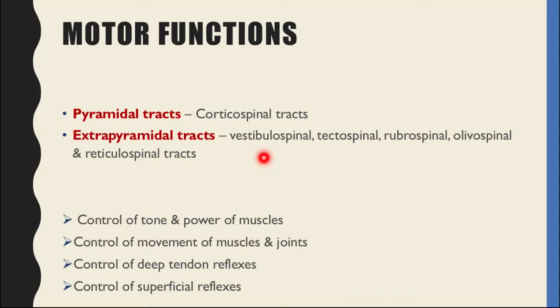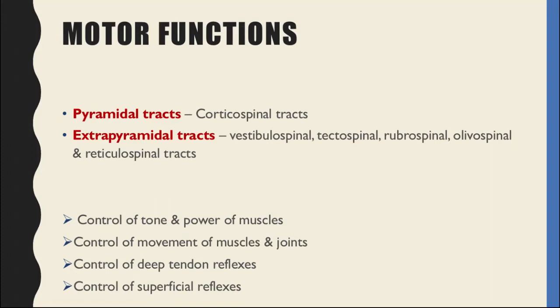But there are certain other neurons which do not originate from the cerebral cortex, instead they originate from different structures like vestibular, tectum, red nucleus, olive, or the reticular formation. So, they form the extrapyramidal tract and they also end on the spinal cord, that is why vestibulospinal or tectospinal, likewise.